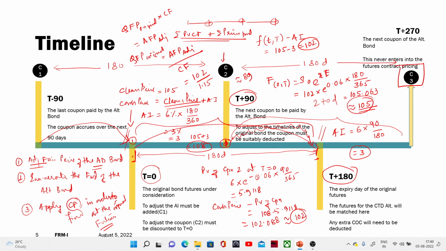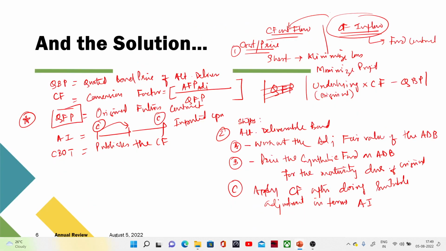However, after this coupon was paid, we still had to adjust the accrued interest, which otherwise would have been paid at t equal to 270. That's the only thing that is there.